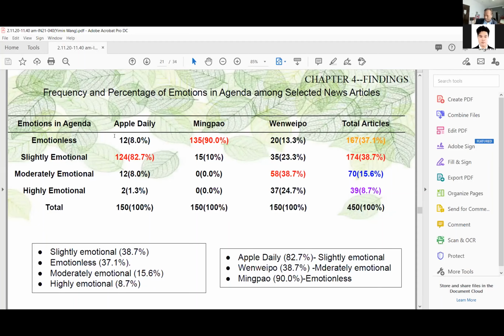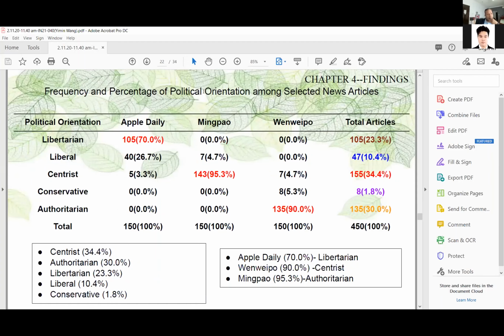Apple Daily is slightly emotional, but Weibo is moderately emotional. For the political orientation, most of the articles affiliate centrist. For Apple Daily, most of its articles affiliate libertarian. For Weibo, most affiliate authoritarian. For Minpo, most affiliate centrist.